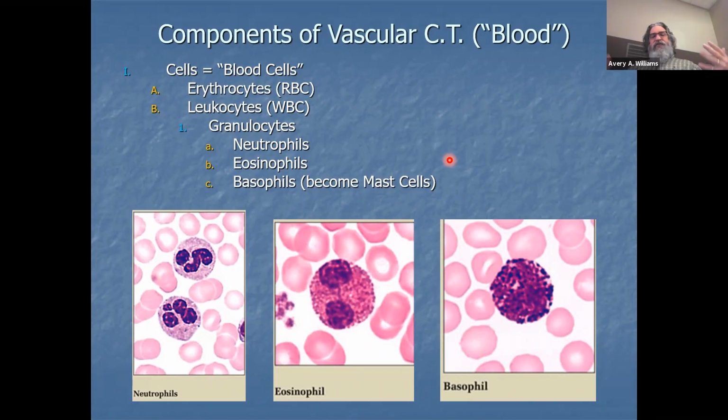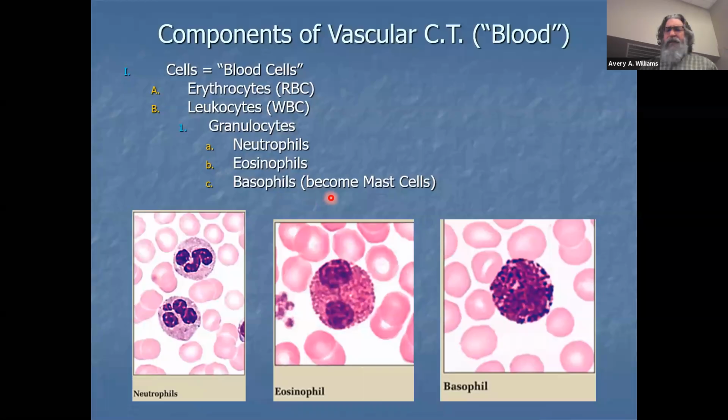But basically, neutrophils and eosinophils are functional in your body's immune system and defense. Although basophils, here I have in parentheses, the real dark ones, those are your mast cells, okay? Or they become the mast cells. What are mast cells? Mast cells are the cells in your body that release histamines.